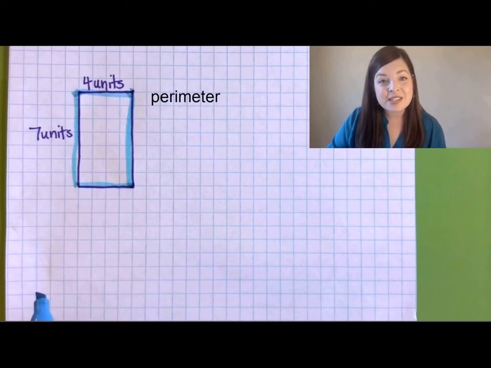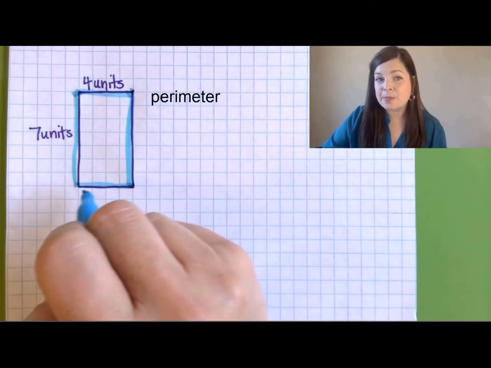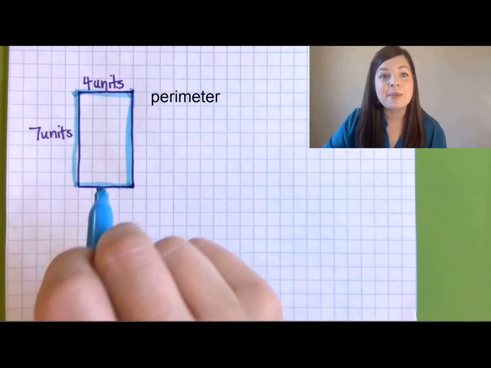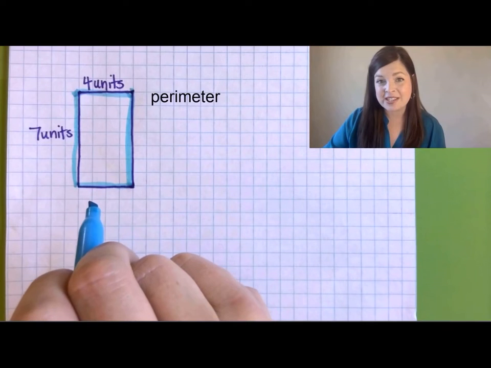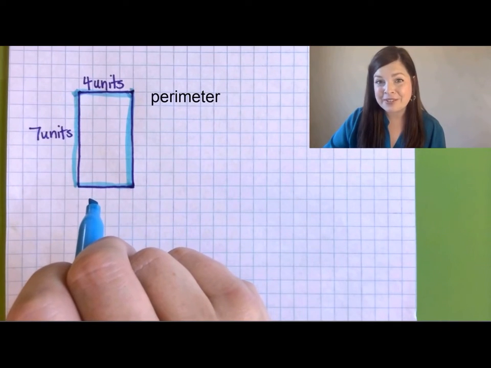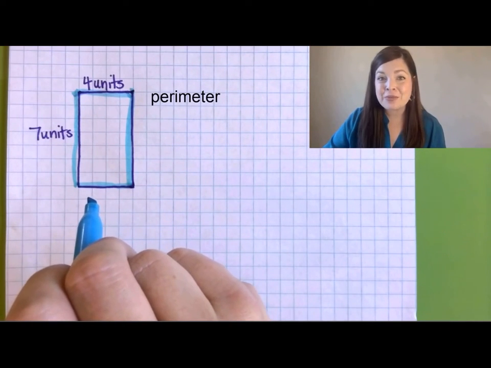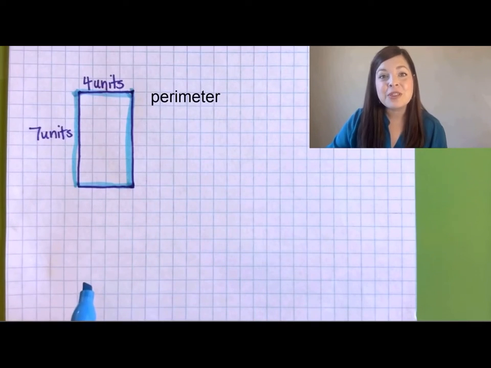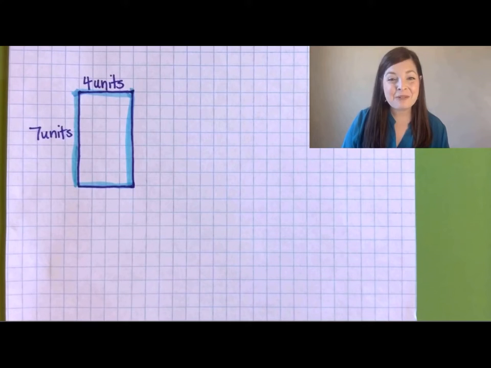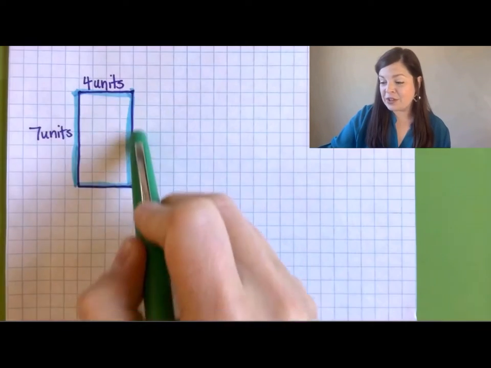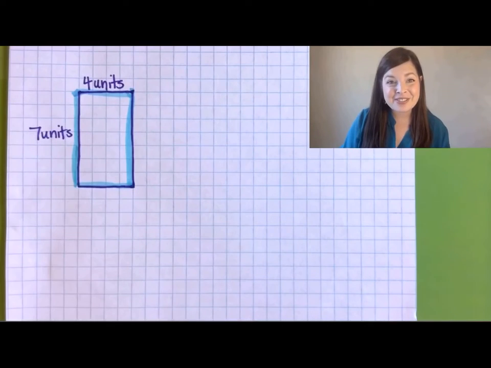Now I want you to pause the video again, and this time I want you to trace the perimeter again, but this time count the units as you trace them so that you can find the perimeter. And then come back when you're ready to compare the perimeter you got with the perimeter I got. Welcome back. So did you find the perimeter by counting all of the units around the rectangle?